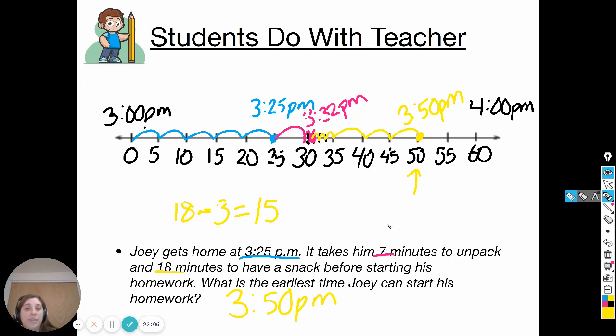So you can kind of see how this is almost like just taking your 25, which is the minute that he got home. And first, we added 7 minutes. 5 plus 7 is 12, 2 plus 1 is 3. You don't have to know this.